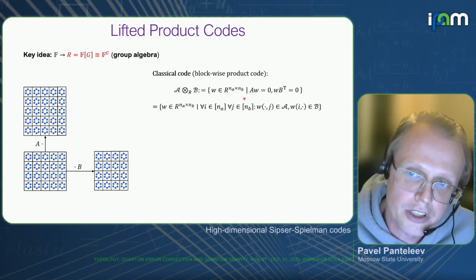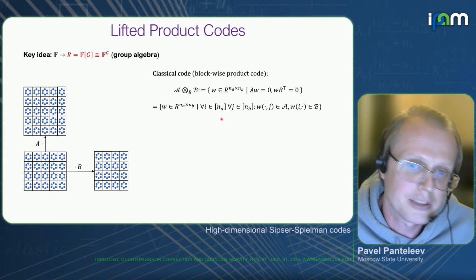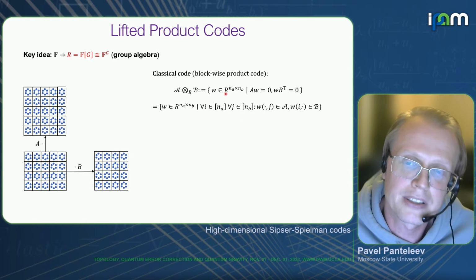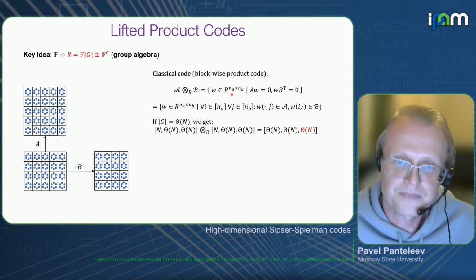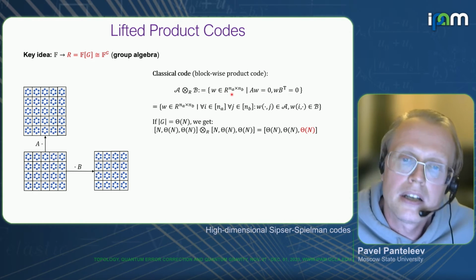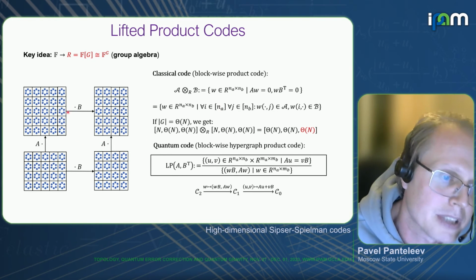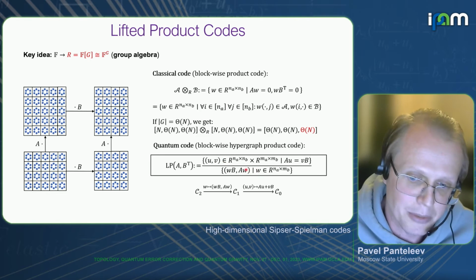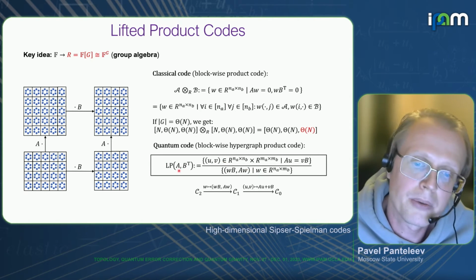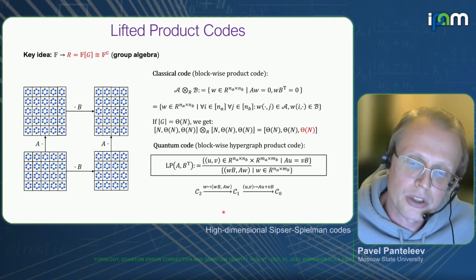Its formal definition is given here, and we use exactly the same formulas as before. The only difference is that we replace the field with a ring. And we can also do this with the hypergraph product code. Yes, we use exactly the same formulas as before, and we can define what I call a lifted product code.